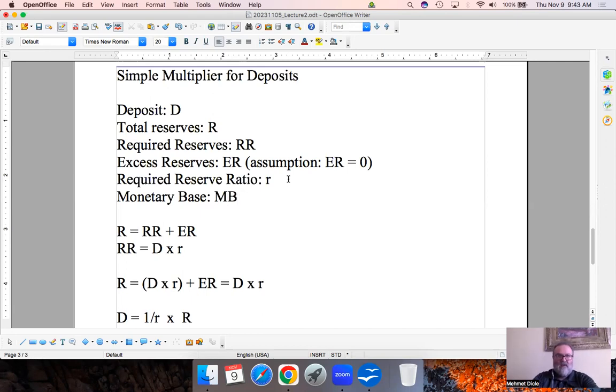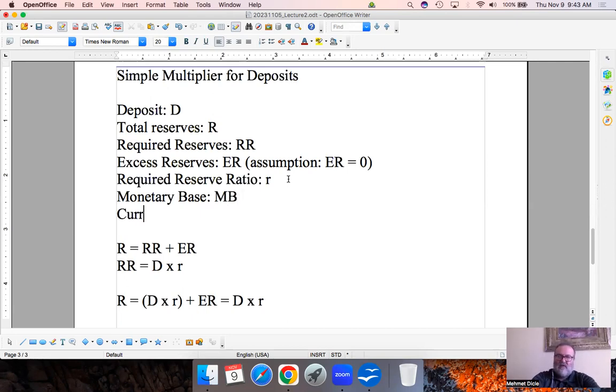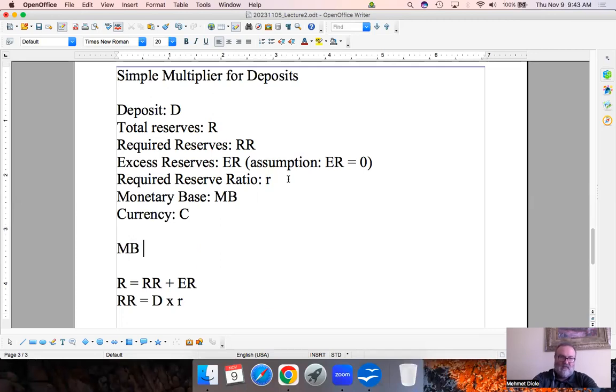Let's go down here. And we have currency in circulation, that's your C, and then the total reserves is the R. So the monetary base is equal to the currency and the reserves, right?